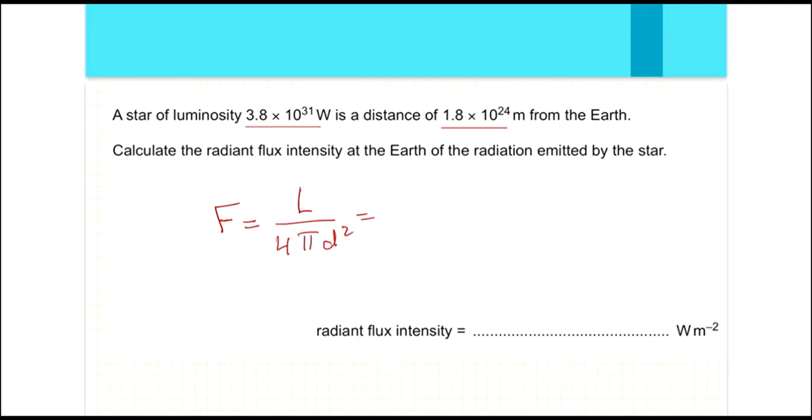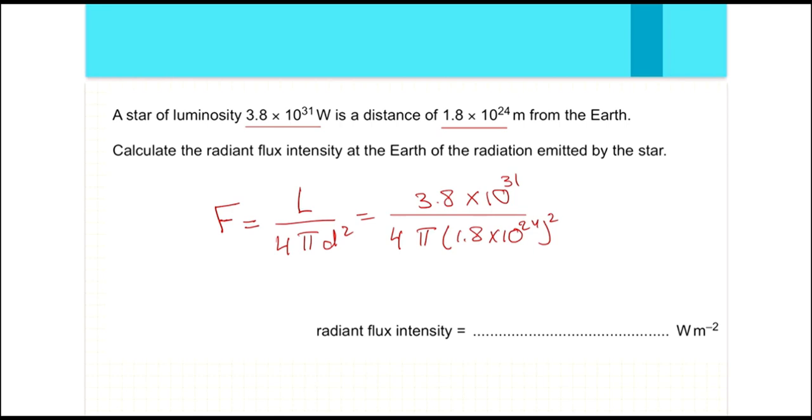Plugging in the numbers, we have 3.8 times 10 exponent 31 divided by 4 pi times 1.8 times 10 exponent 24, squared.